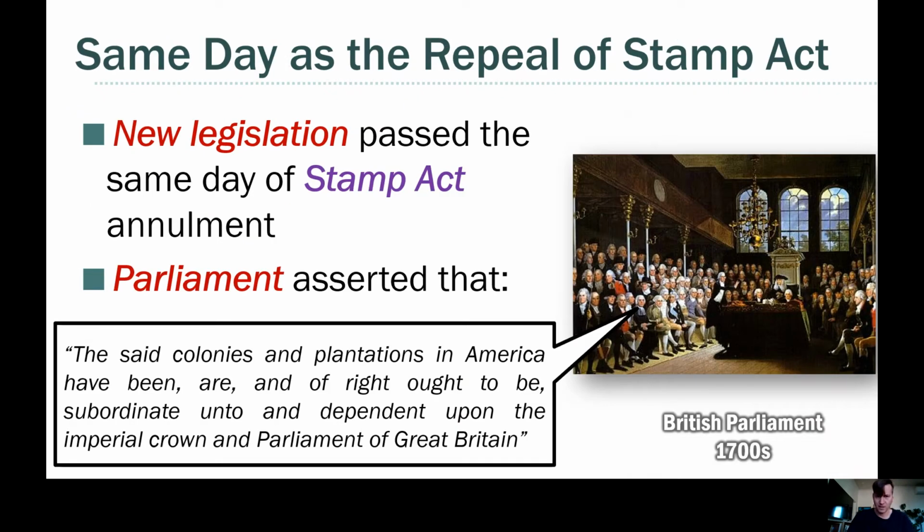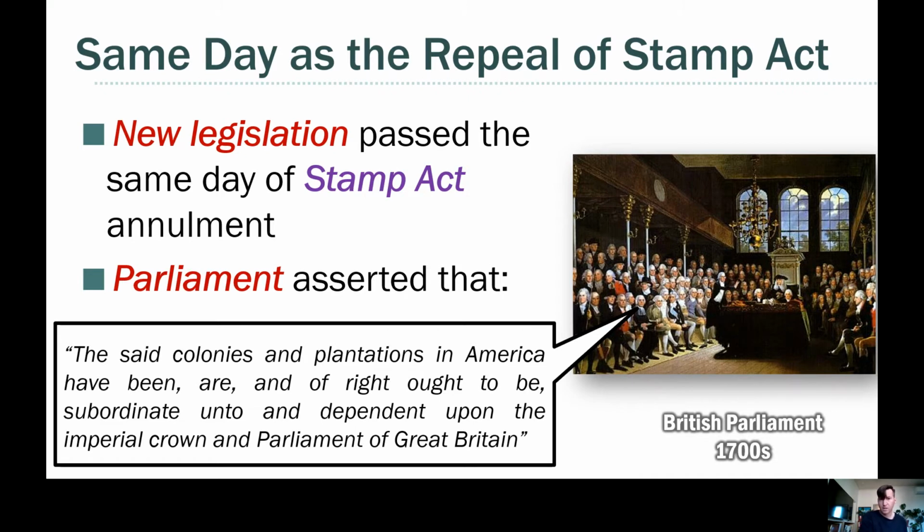Now, on the same day as the repeal of the Stamp Act, new legislation was passed. Parliament asserted that the said colonies and plantations in America have been, are, and of right ought to be subordinate unto and dependent upon the Imperial Crown and Parliament of Great Britain.